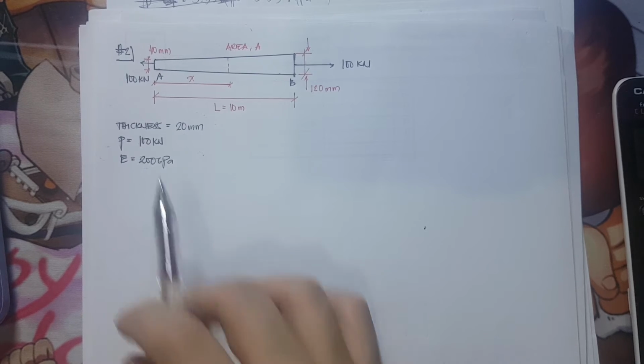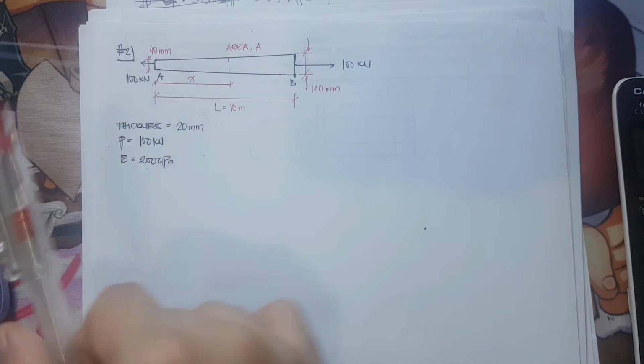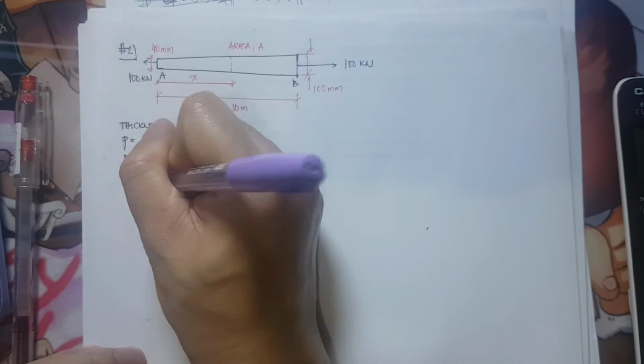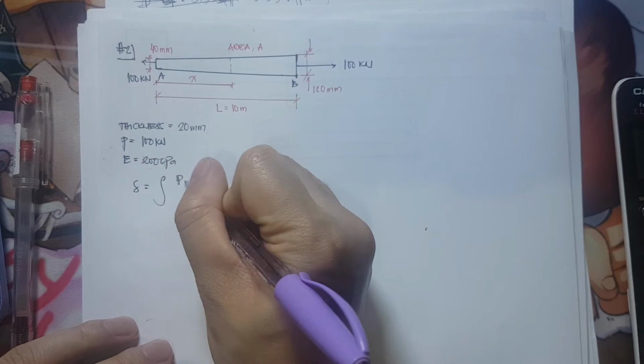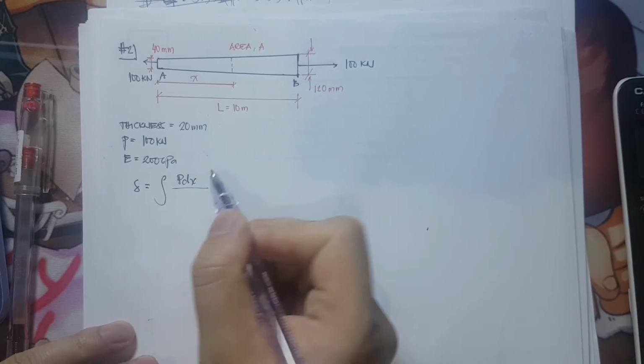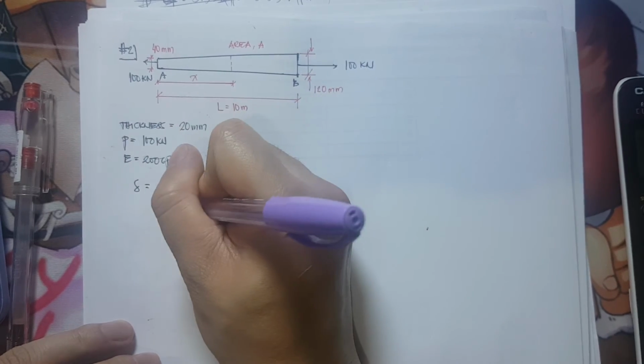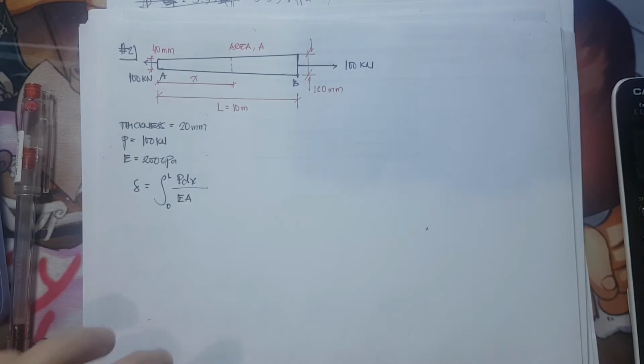Since our cross-sectional area is changing, we are now going to use the equation: deformation is equivalent to the integral of P dx over E times area, from 0 to L.